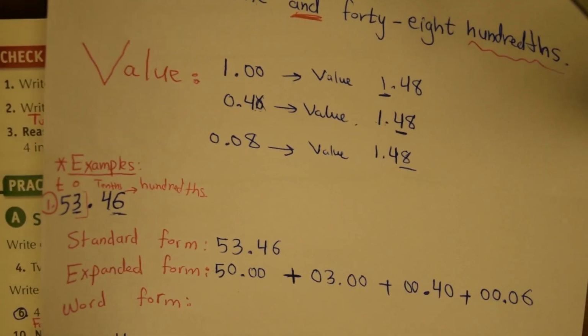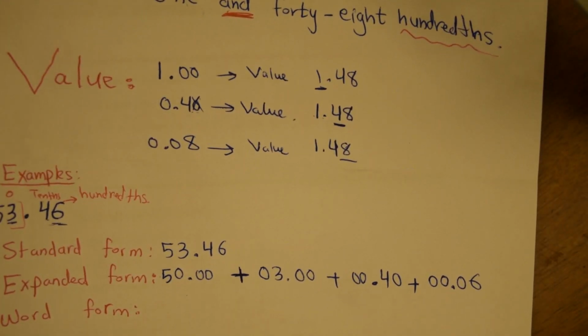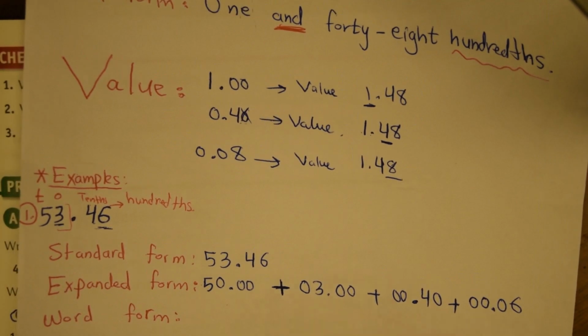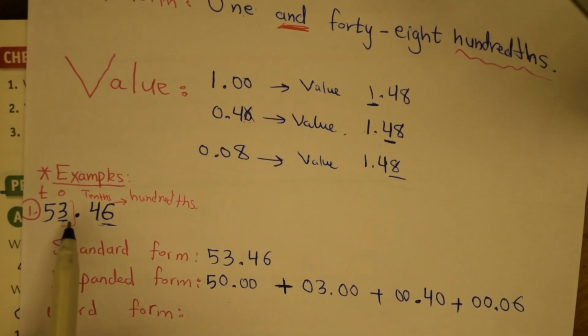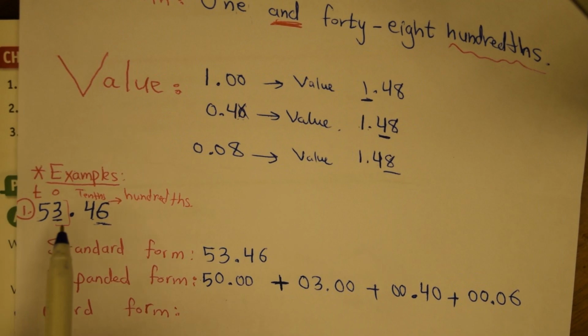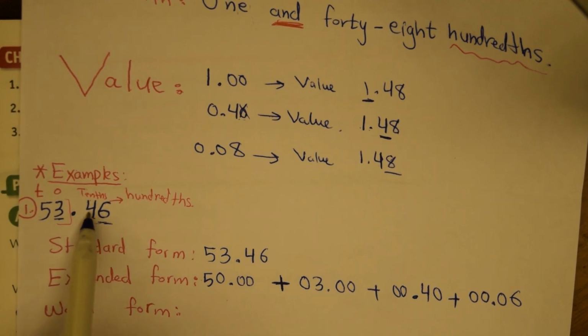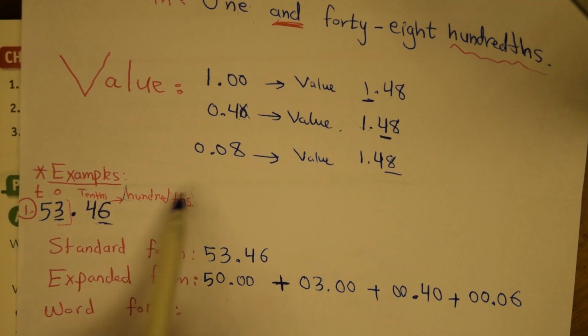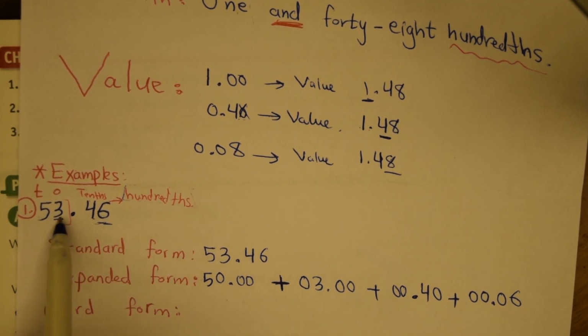Now for the word form, I will write the number as I read it. How will we read this number? You will not say 53 tens, you say 53 and 46. What's the last place here? Hundredths. Then you will say 53 and 46 hundredths.